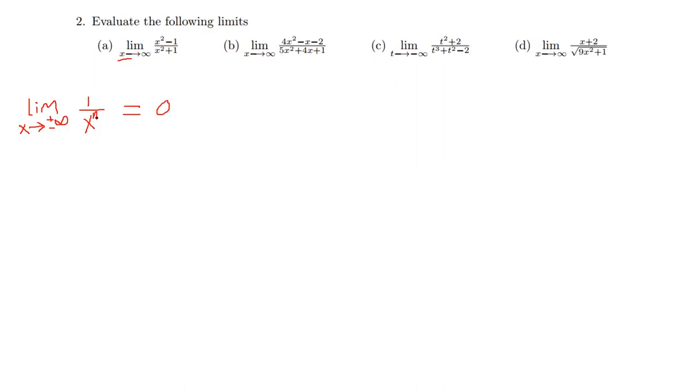This n represents any number. It can be a positive 2, a positive 5, a positive 6, a positive 8, or even a positive 1000, but as long as it's just 1 over x to the power n, any number, it will still give you a 0. So this is what you should know about such limits.